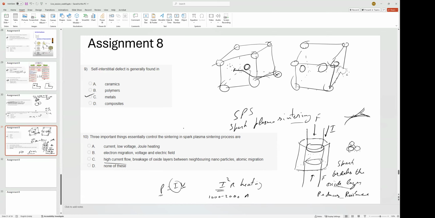So we want very high current, breakage of this oxide layer between neighboring particles through sparking, and finally atomic migration, which is the diffusion. Diffusion is basically the sintering process.